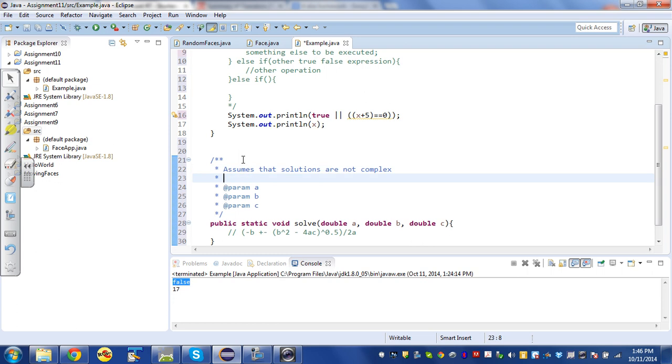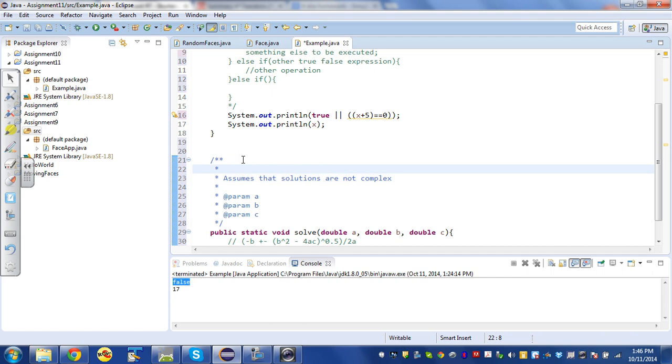And maybe before that I would say something like print solutions to 0 is equal to ax squared plus bx plus c.